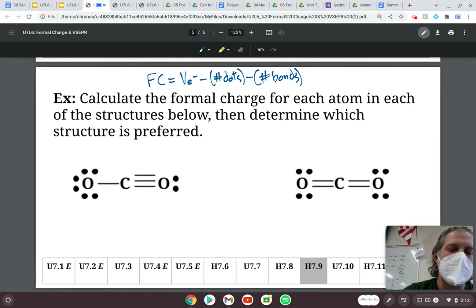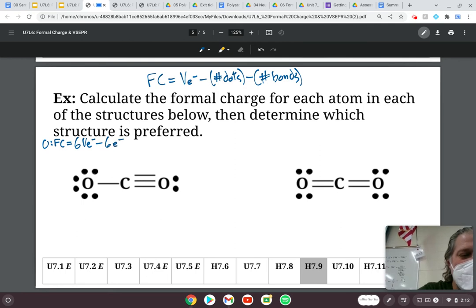So I'm going to go from left to right, oxygen, carbon, oxygen. So in the case of the first one, oxygen, formal charge, oxygen is 6 valence electrons minus the dots, which in this case is 6 electrons, minus the bonds, which is 1 bond. So if I can do the math here correctly, 6 minus 6 is 0, minus 1 is minus 1.